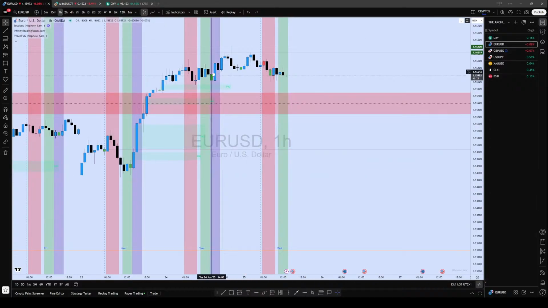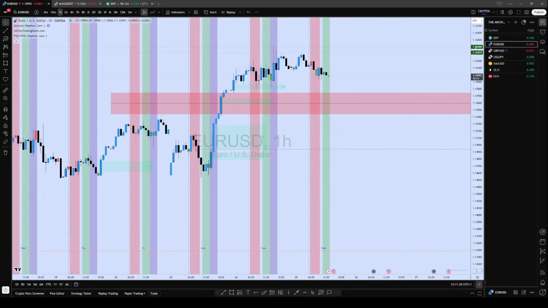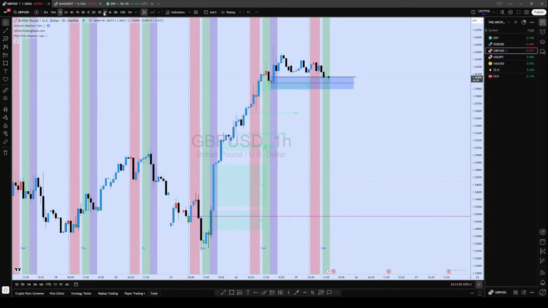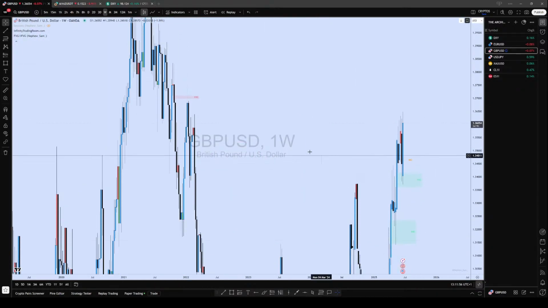Euro can do the same thing, but yesterday I did mention that 1.16400 level. They touched it and then price rejected. It didn't give any aggressive move away from it, so the idea is they might still press higher, but I prefer the British pound, because the British pound is not having any sort of resistance level.